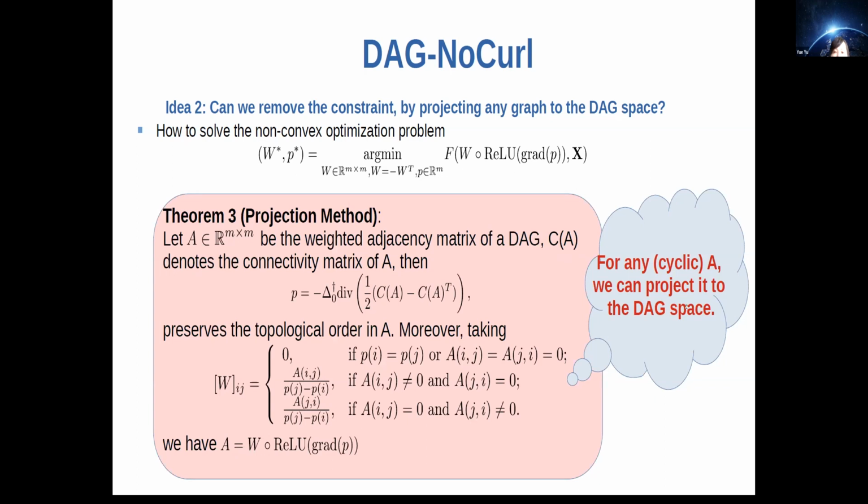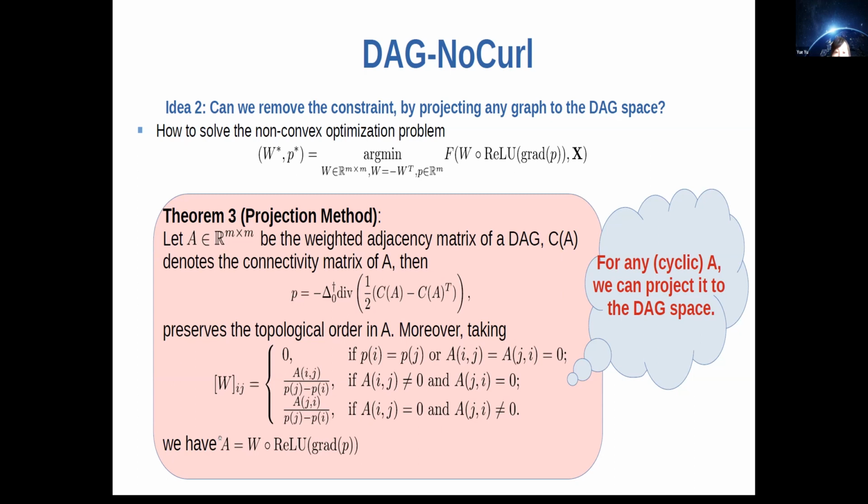If we are given any approximated graph A, which doesn't have to be a DAG, we take the divergence of that and take a pseudo-inverse of the Laplacian. By doing that, we get an approximation which is in the DAG space, but which is also an approximation of the original weighted adjacency matrix.